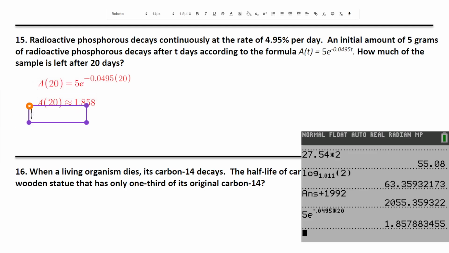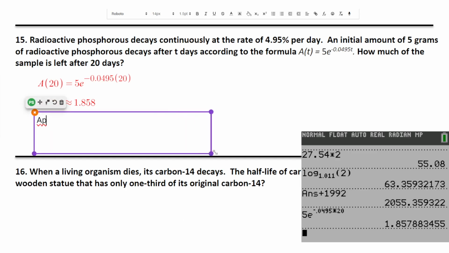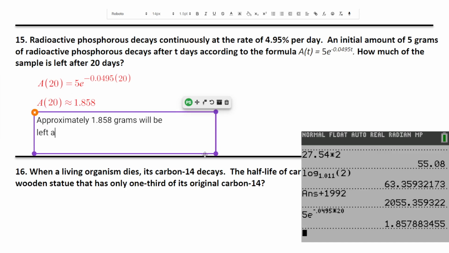And these word problems deserve a word answer. We'll say approximately 1.858 grams will be left after 20 days.